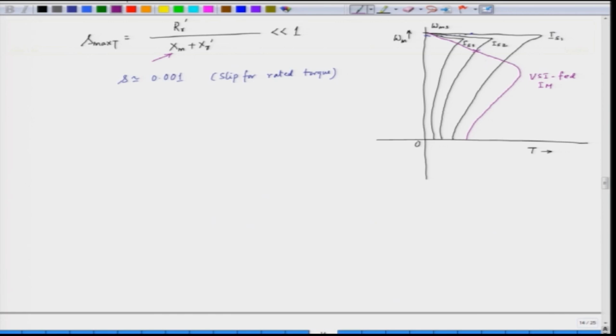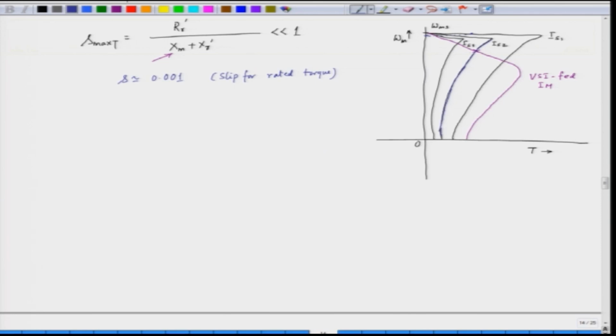So, we understand here that if we want to operate at a rated value of flux for a CSI, the characteristic lies in the so called unstable region of the CSI, because CSI characteristic is this one. So, the operating region here is the so called unstable region of the CSI.